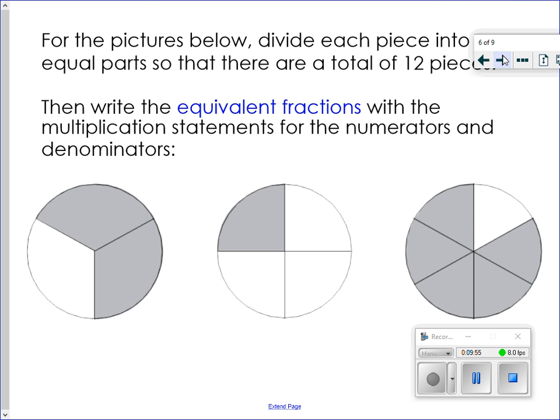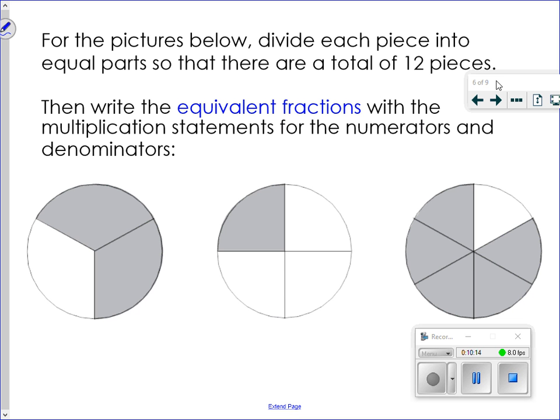For the pictures here of the pie, we're going to divide each piece into equal parts so that there's a total of 12 pieces, and then we're going to write the equivalent fractions showing our multiplication statement so that we can see how we're making those equivalent fractions. Okay?